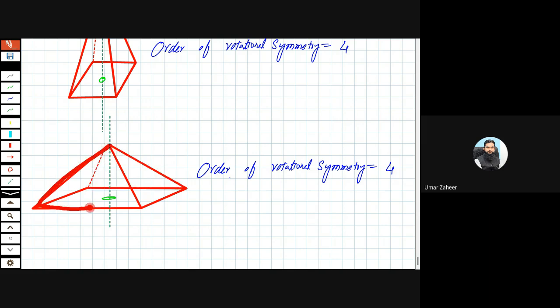For example, if it becomes here, the size of this triangle and the size of this triangle are going to be different because it is a rectangle, not a square. It will be X, it will be Y, we have two different sizes. So after rotating 180 degrees, the front face is at the back and you get the same shape. After rotating again, it is back in the initial position. So tell me, what is the rotational symmetry for a rectangular base? That is 2.